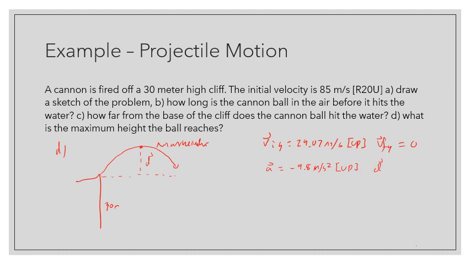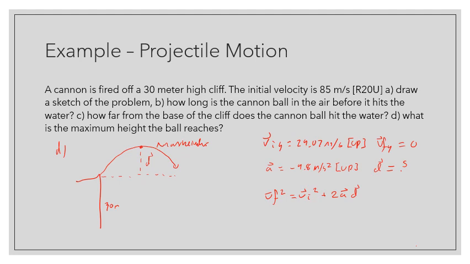So what is displacement? In order to find displacement, we can use the equation v_f squared is equal to v_i squared plus 2 times acceleration times displacement.